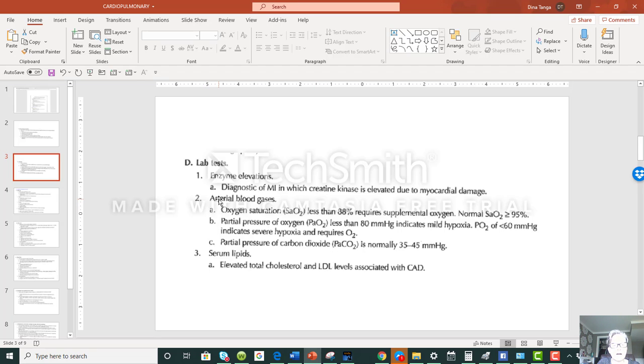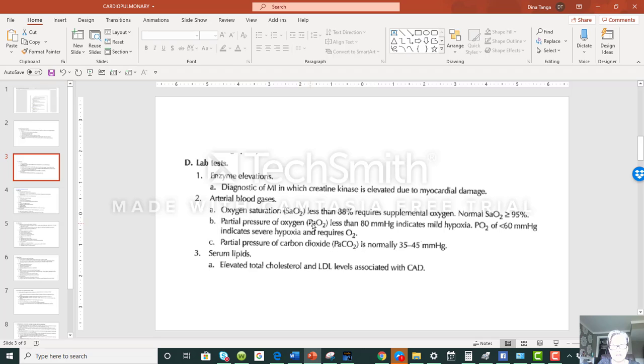Another lab test is the arterial blood gas test. If oxygen saturation is less than 88%, it requires supplemental oxygen. Normal oxygen saturation is 95 or above percent.